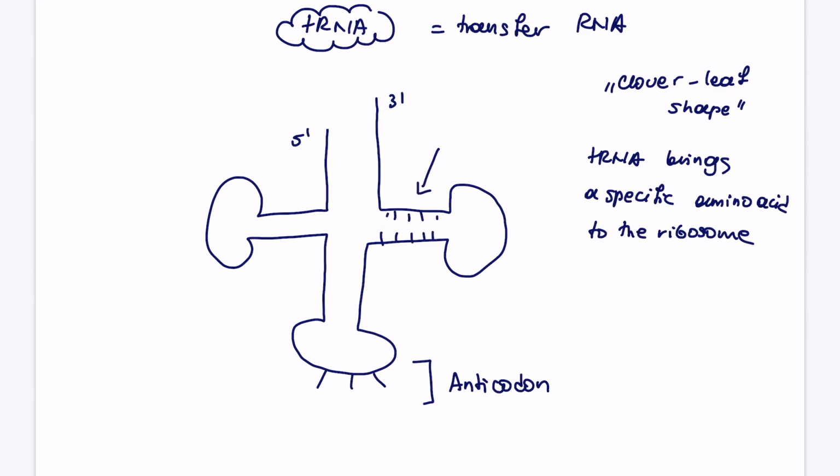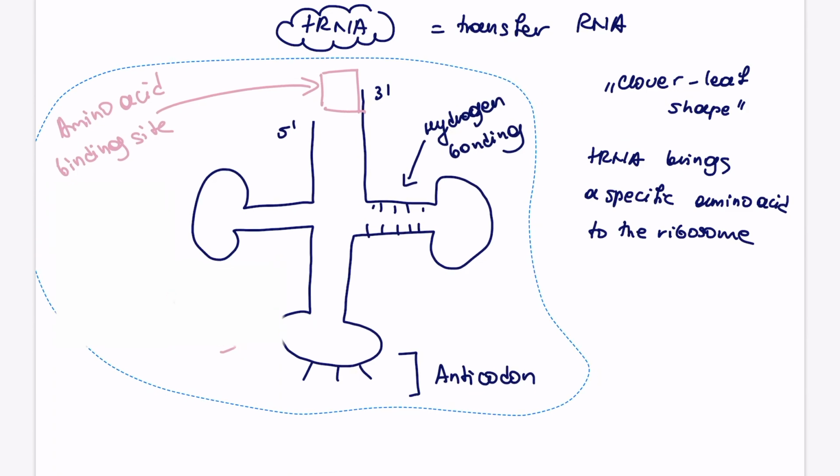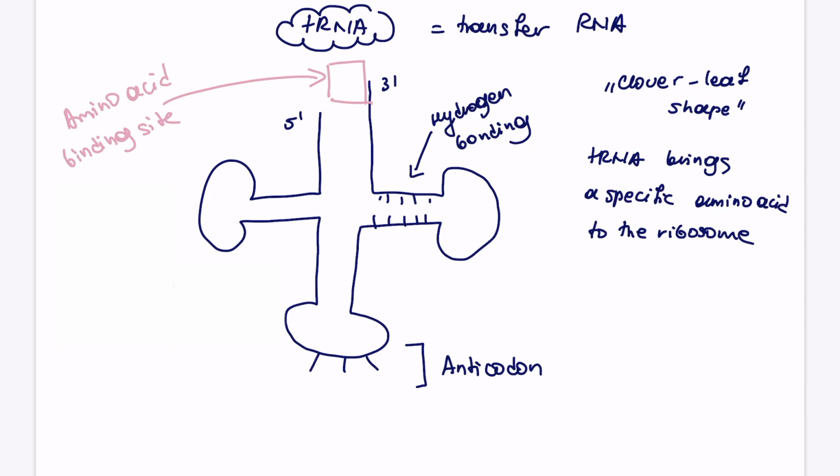Funnily enough, although tRNA is single-stranded, the way it folds on itself, it can have hydrogen bonding in some parts of it. I've seen this as an example question, so you need to know that hydrogen bonding is present in the tRNA. The last feature is the amino acid binding site. This is where the amino acid will attach to the tRNA. And this specific amino acid binding site will correlate to the sequence of the anticodon.